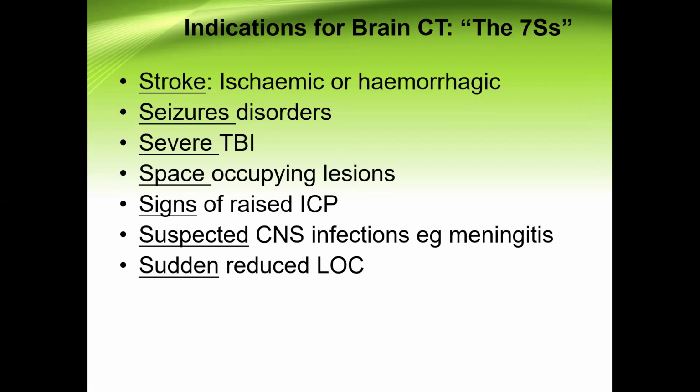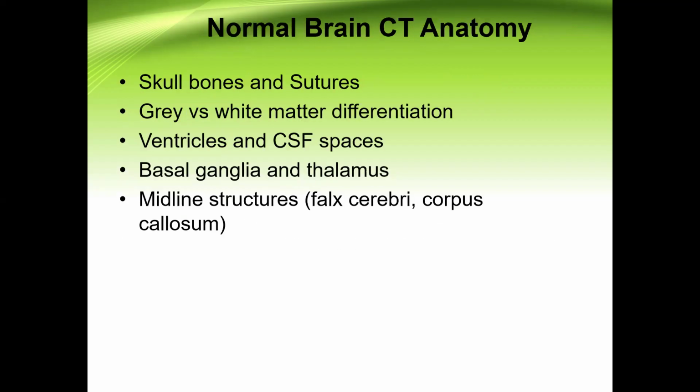Seizure disorders, patient with severe TBI, patient with space-occupying lesions, patient with signs of intracranial hypertension, patient with suspected CNS infections, and any patient with sudden reduced level of consciousness. So these are the common 7 C's for brain CT scanning. I made it 7 C's so that you can remember quickly.